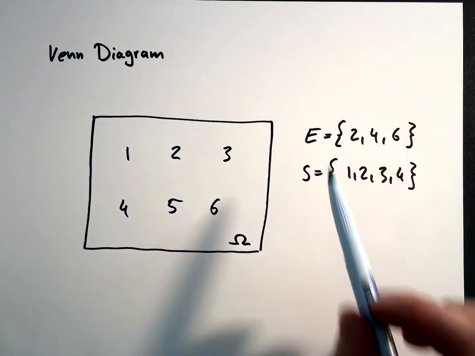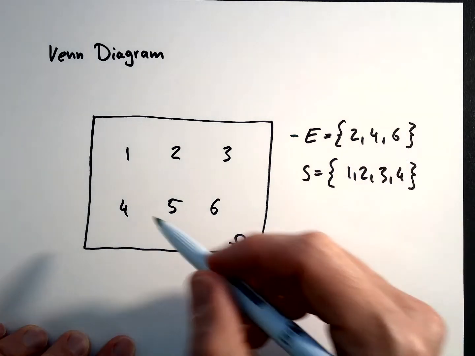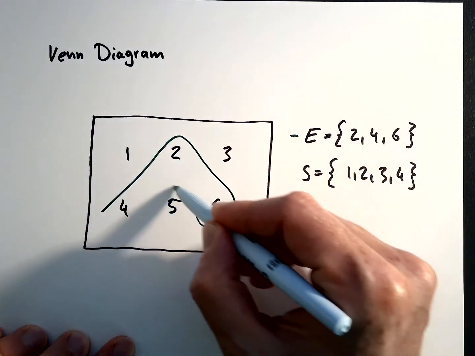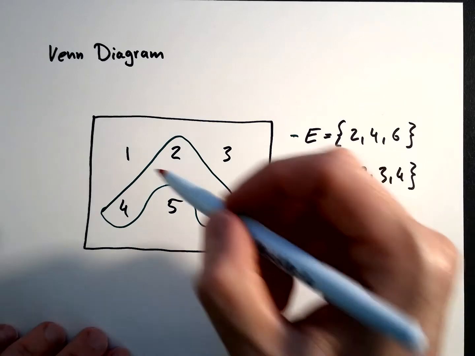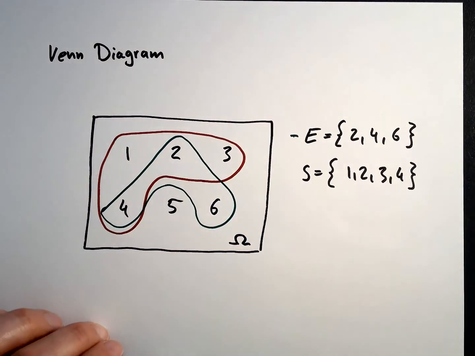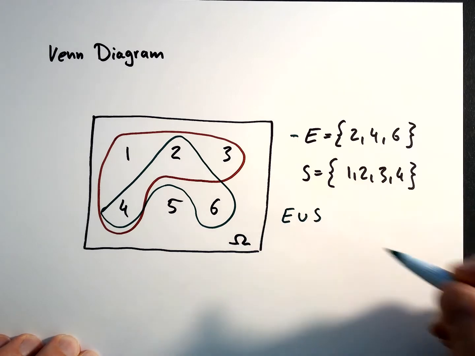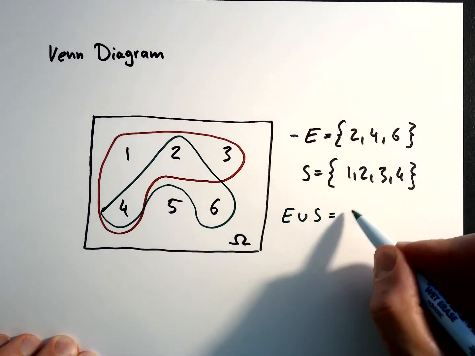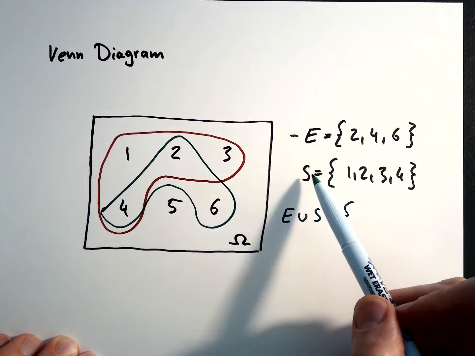Now, set E, let's use green for this, is 2, 4, and 6. And set S is 1, 2, 3, and 4. So if we want to calculate the union of set E and S, then we get the elements that are in either E or S or both.